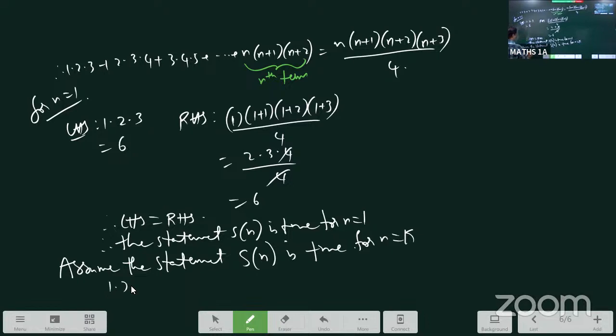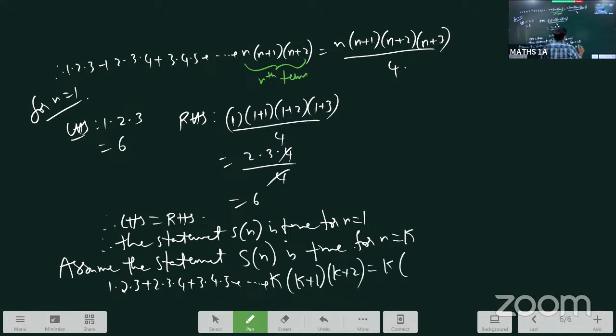That is 1 into 2 into 3, 2, 3, 4, 3, 4, 5, plus so on, plus k into k plus 1, k plus 2, that is equal to k into k plus 1, k plus 2, k plus 3, divided by 4.